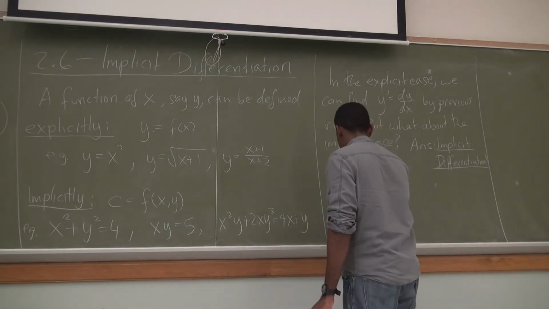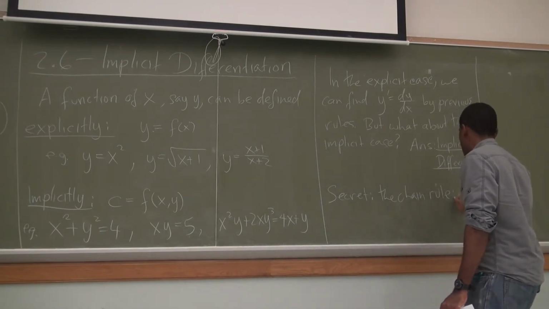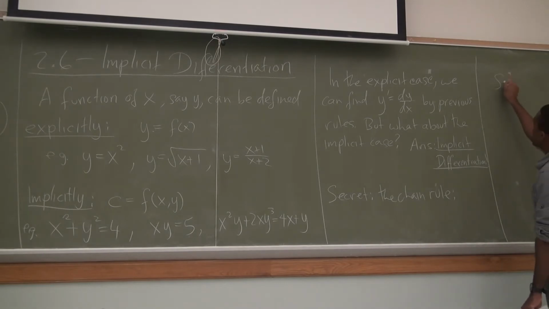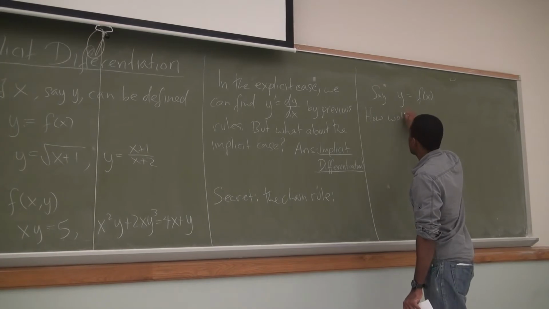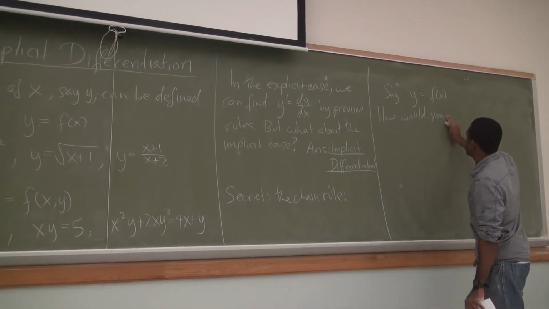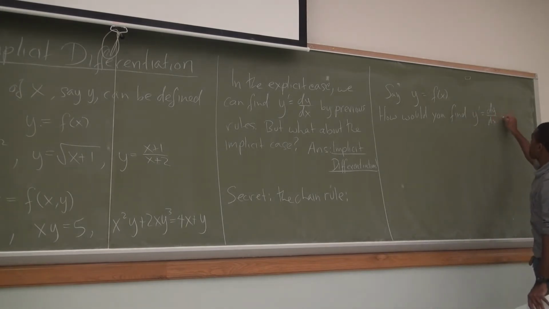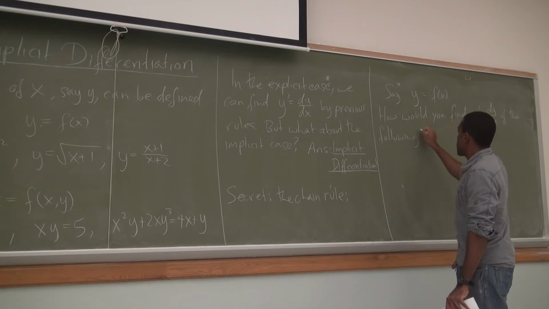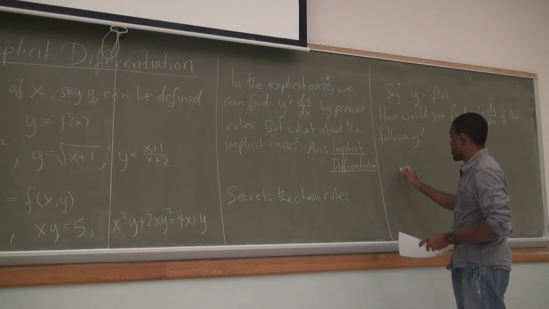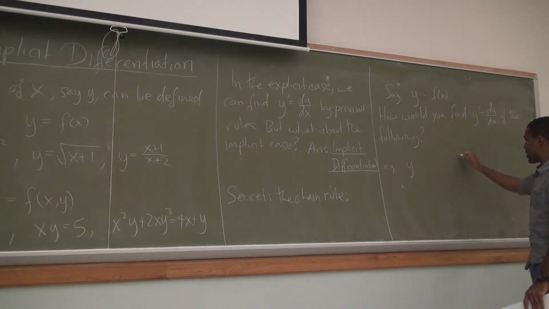The secret: the chain rule. Say y equals f of x. How would you find the derivative of y?